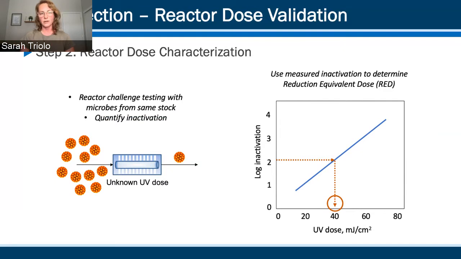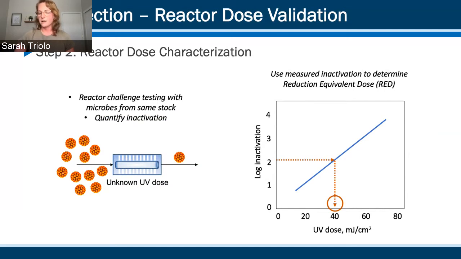So what I'm showing here on the right, let's say you measured that you had a 2 log reduction through your reactor. You'd come to your dose response curve, you look at 2, you line it up, and you say, okay, that means that I was achieving a dose of 40. So this is an indirect way of determining what your dose is. And that's why the validation protocol and the organism that's used during validation are so important, because we can't directly measure the dose.